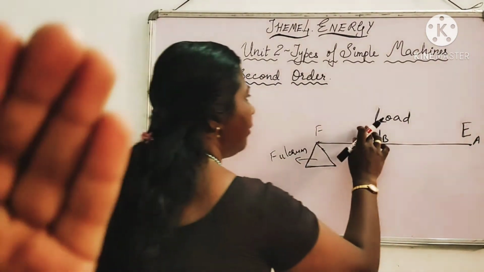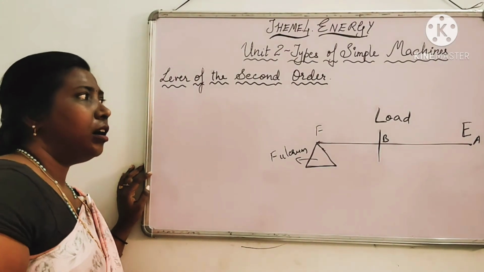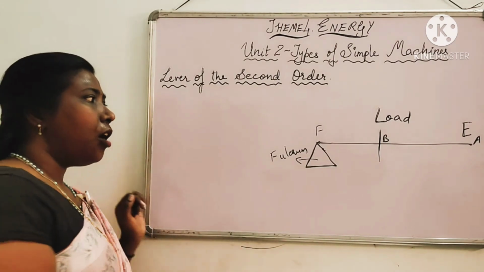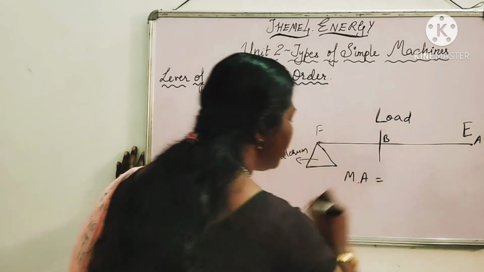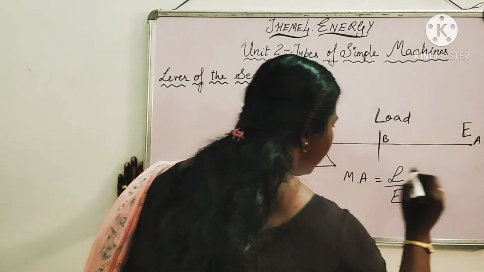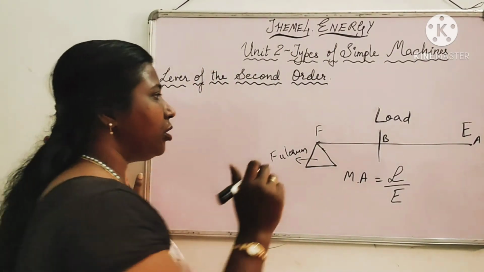Now for the calculation, how can we say that mechanical advantage is always greater? See, we know that mechanical advantage is equal to load upon effort. So we can calculate one more thing over here.